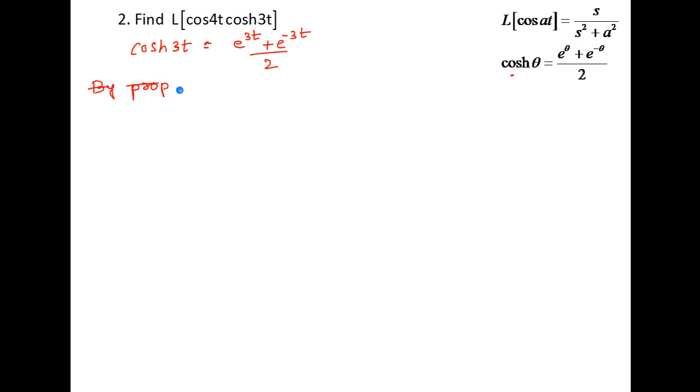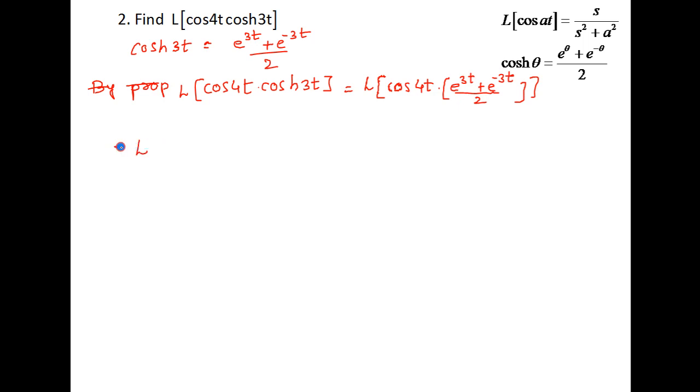So by property, first of all we have to write Laplace of cos 4t into cos h 3t equal to Laplace of cos 4t into, replace the cos h 3t by exponential values. So here we will get e to the power 3t plus e to the power minus 3t upon 2. Then opening the bracket here, what we will get?